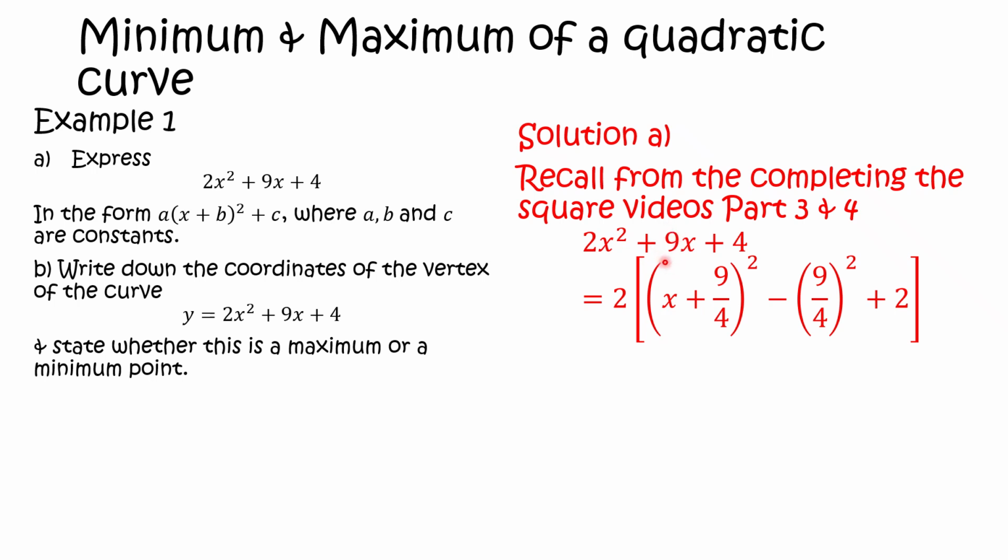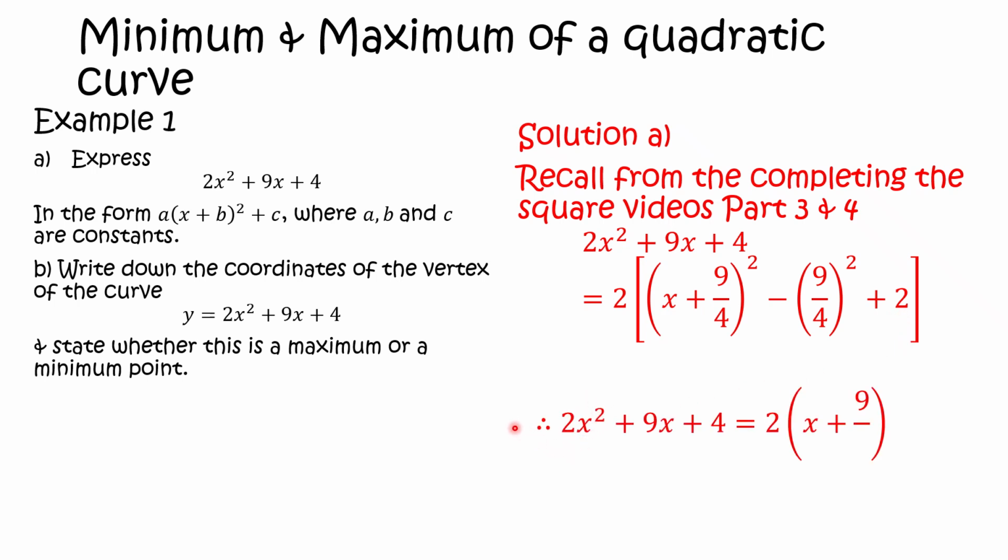In this case, we end up having 9 over 4 because we divided by 2 first as we were factoring the 2 out. In the square bracket, getting the half of 9 over 2, we get 9 over 4 squared. Then we subtract the square of that half, plus the new c. When we factored out the 2, we were left with the 2, and then we get that.